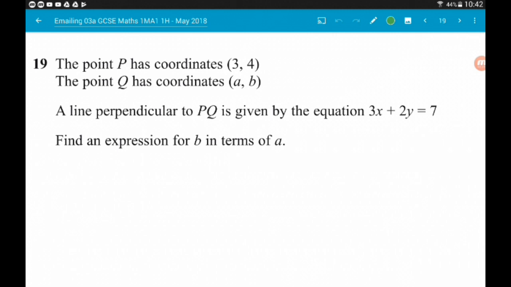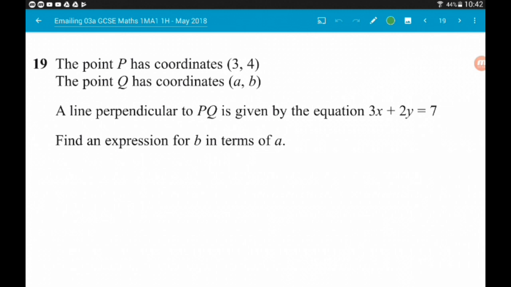We want to find an expression for B in terms of A. So this might seem like a complete what-is-this-on-about question. So when 2 lines are perpendicular, their gradients multiply together to give minus 1.